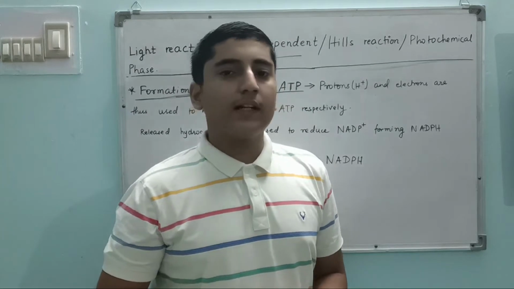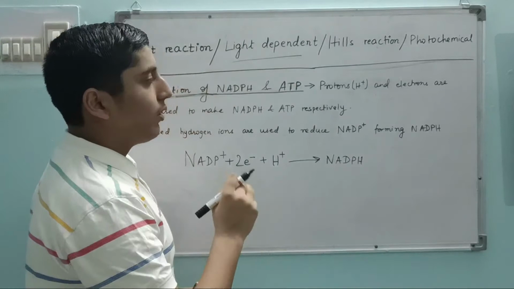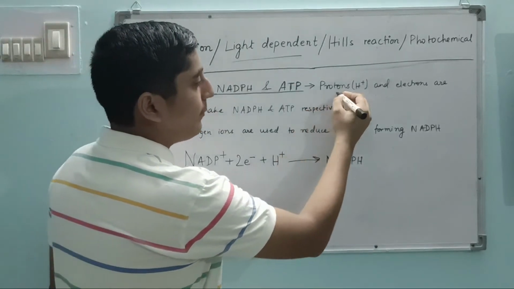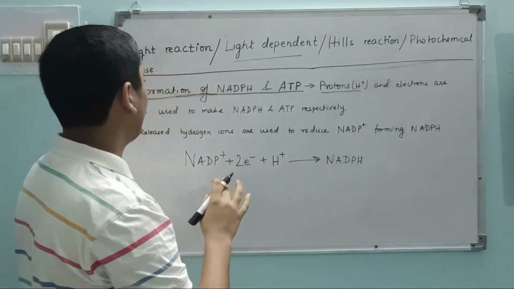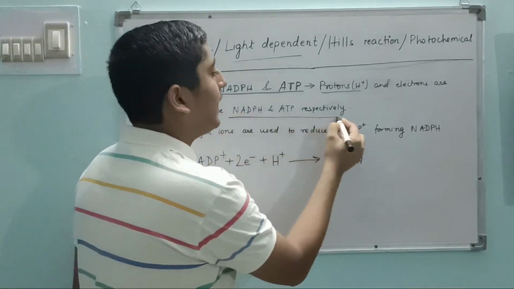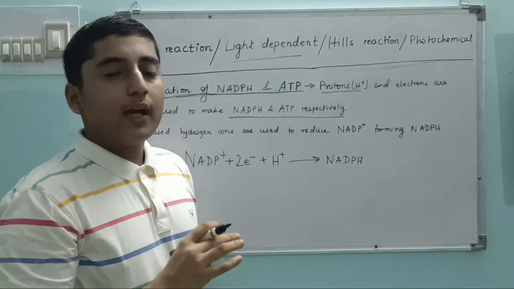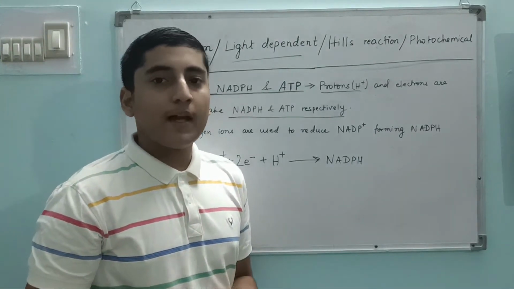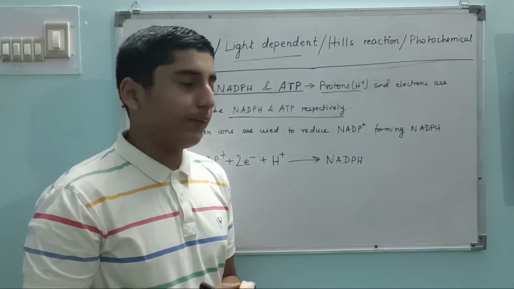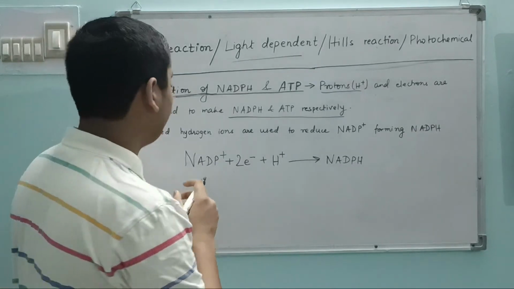And the fourth point is formation of NADPH and ATP. Protons, H+, and electrons are thus released and used to make NADPH and ATP respectively. What is the full form of NADP? The full form is nicotinamide adenine dinucleotide phosphate. So we will look at how NADPH is formed.